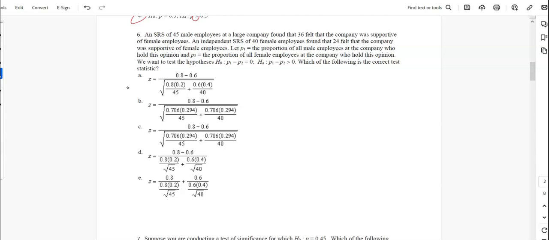Okay, so P1 is the males. And so P hat 1 would be, in this case, 36 out of 45. I'm gonna put males there, but that's P1 basically. And then P hat 2, which is the females, I'm gonna put F there, but that's the second one, is gonna be 24 out of 40. So let's get our calculator out.